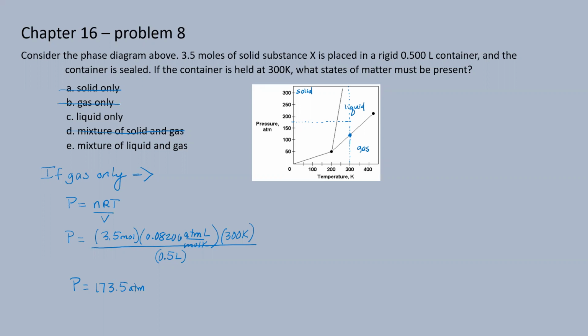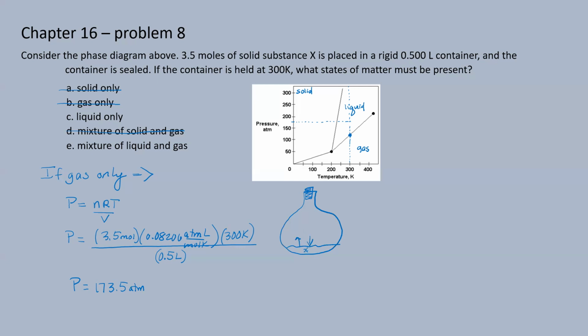Okay, now can it be a liquid only? Well, if you put a substance into a container and there's any space above it, then it's going to be in equilibrium with the gas.